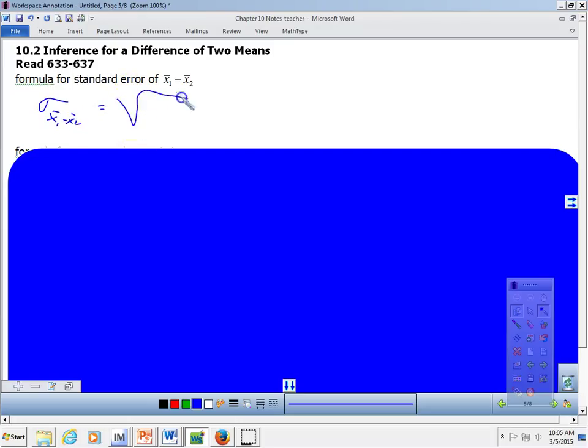And it would just be what we talked about before, right? It would be the square root of, and in terms of standard deviation, I didn't write this down, but we probably should real quick, just to show this, it would really be sigma for the first standard deviation squared over the sample size, plus sigma for the second squared over the second sample size. That's your standard deviation.